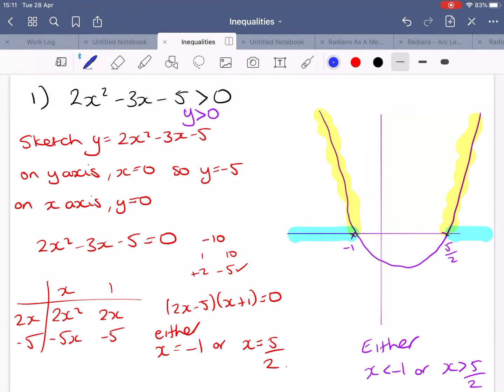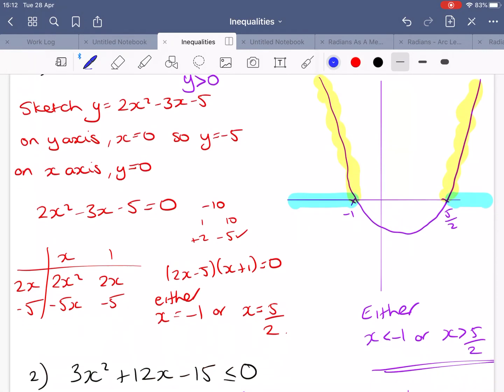Now we wanted to know when the graph is greater than 0, when the y value is greater than 0. So because it's in two separate parts, it's not between two numbers, remember we write them as two separate inequalities. So either x is less than -1 or it's greater than 5/2.